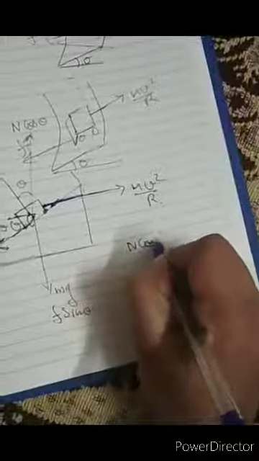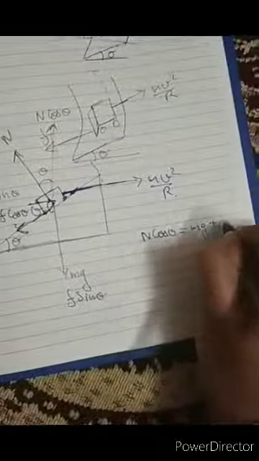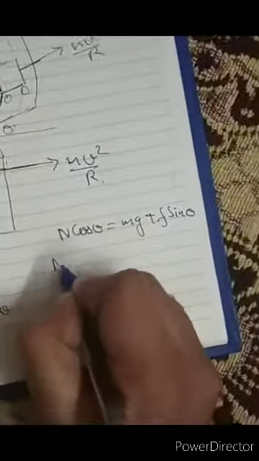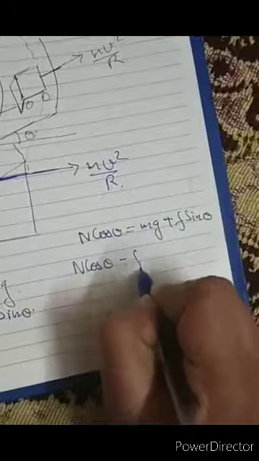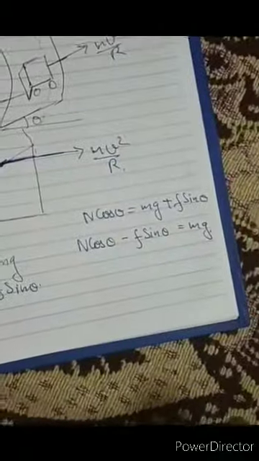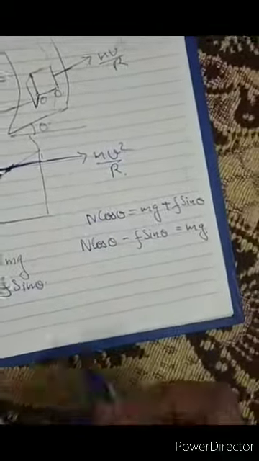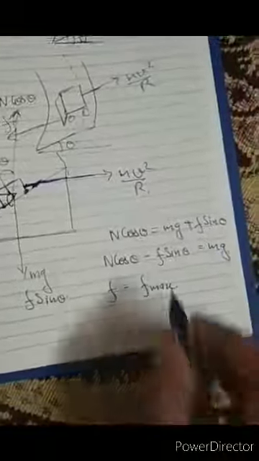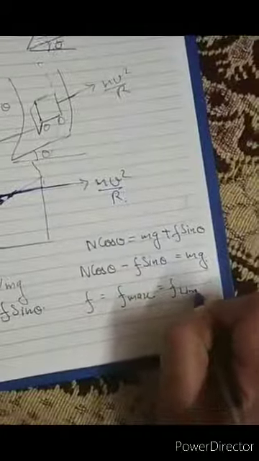Then we have n cos theta, which is balancing out with mg plus f sin theta. So n cos theta minus f sin theta is equal to mg. One more thing: since we want maximum velocity, friction has to be maximum. So this f is equal to f max, the limiting friction.